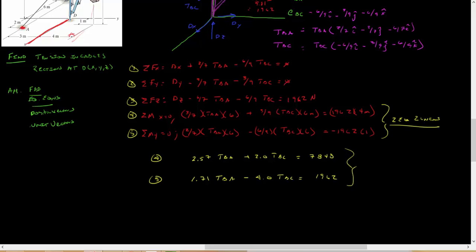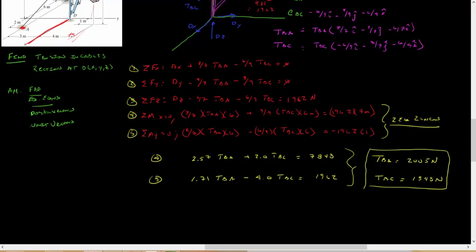Now throwing these into a matrix into my calculator, I get that TBA is equal to 2005 newtons, and TBC is equal to 1,348 newtons. So now I have my tensions in my cables.